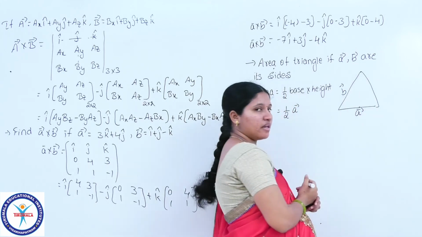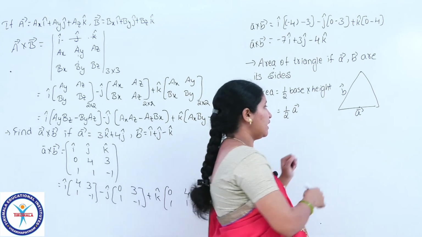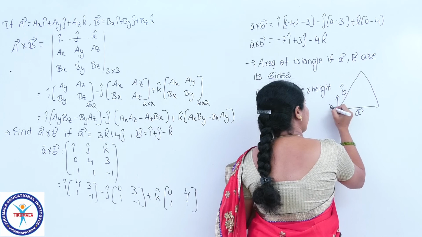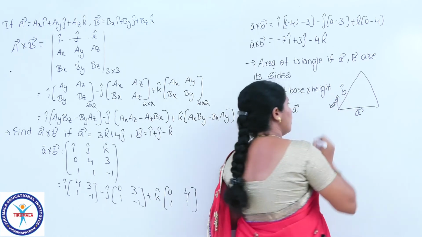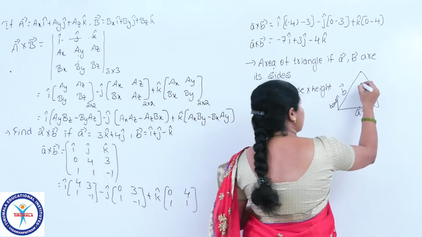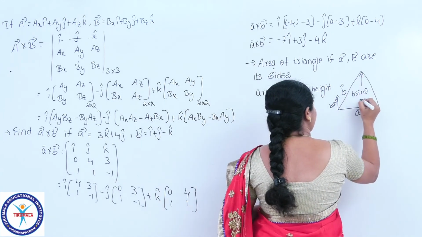So, this b bar is resolved into two components, that is b cos theta and b sin theta. The vertical component is b sin theta, which becomes the height of the triangle. So, half a b sin theta.